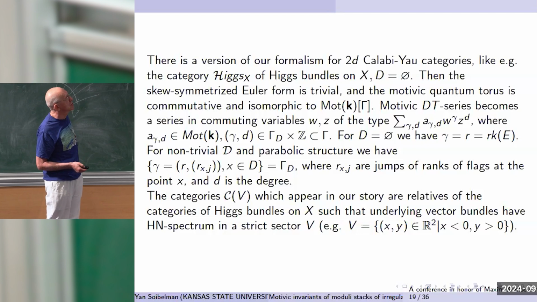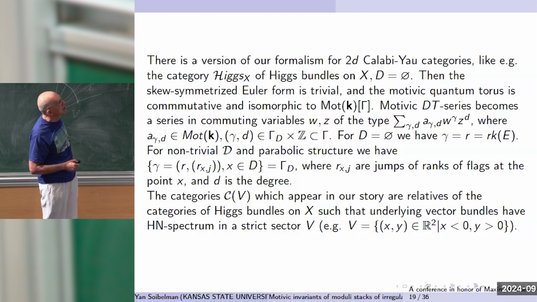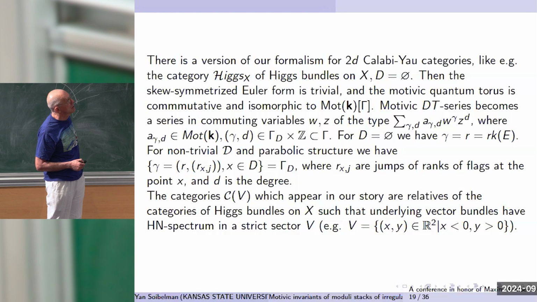So the quantum torus is commutative, and we get just ordinary generating series. D here is separated because in what I will be talking about, D will be a degree, but gamma will have a different meaning depending on the device.